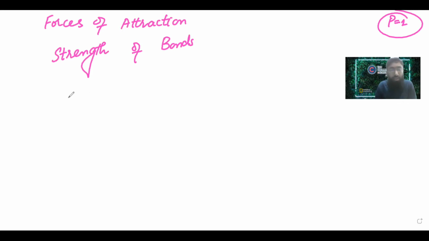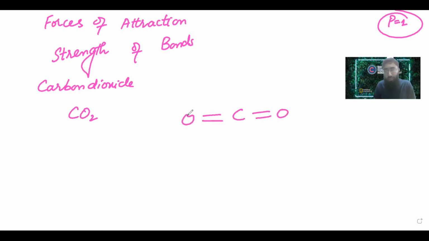Just imagine you have a carbon dioxide molecule, CO2. The structure of carbon dioxide is like this: C double bond O and C double bond O. We discussed these structures when we were discussing covalent bonding.